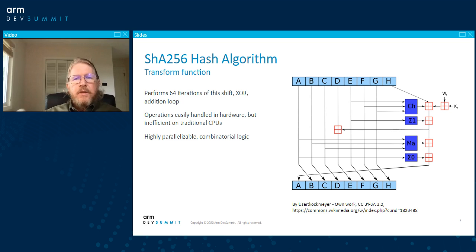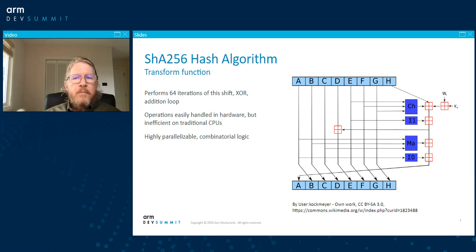Now, some things that we can notice about this algorithm is that these shift operations and these bit extraction operations are things that are very easily handled in hardware, but are generally fairly inefficient on traditional CPUs. The other interesting thing to note is that this is highly parallelizable.